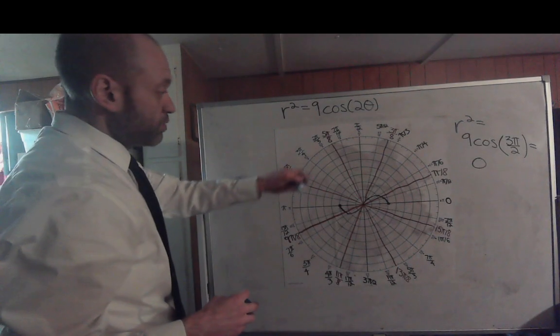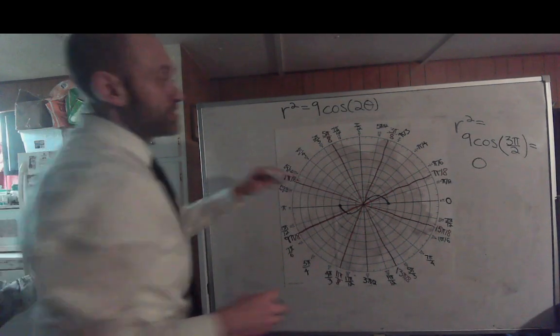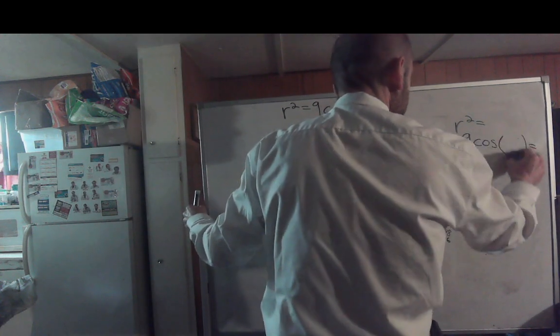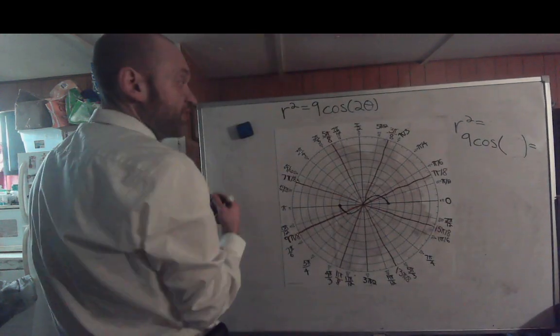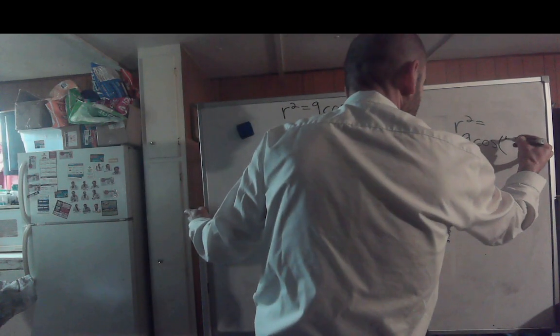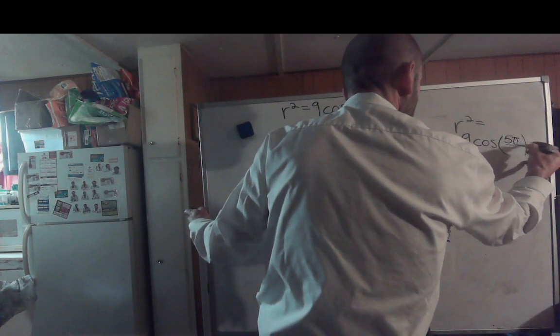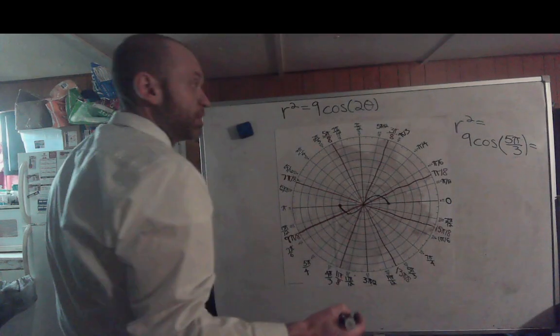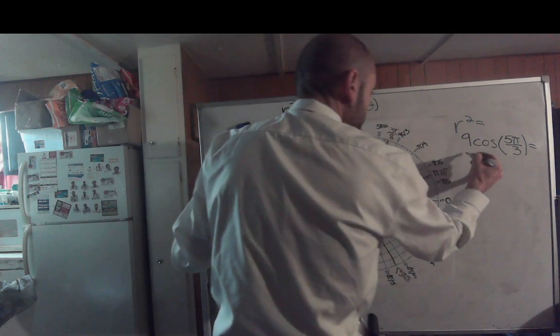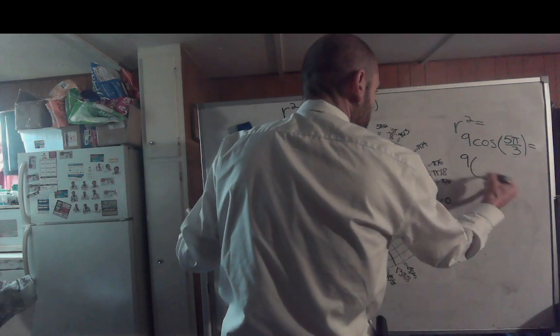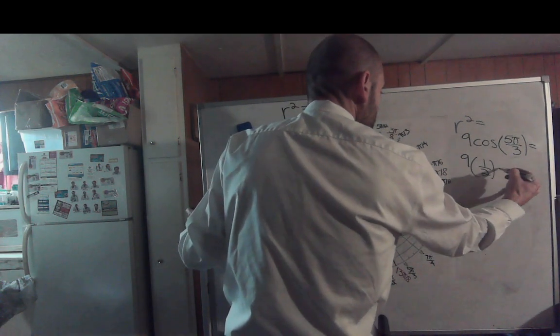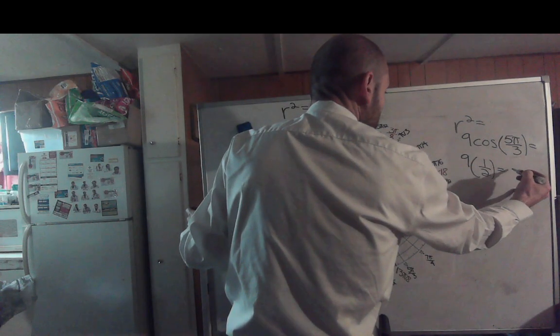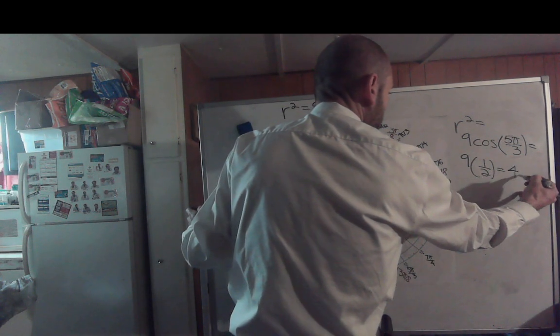So now that we're back at 5 pi over 6, we should be in business. 2 times 5 pi over 6, well, that's 5 pi over 3. The cosine of 5 pi over 3 is going to be positive 1/2. So let's just say that's 4.5.